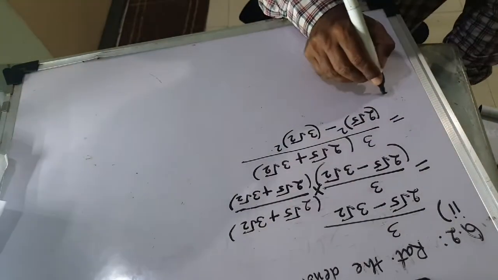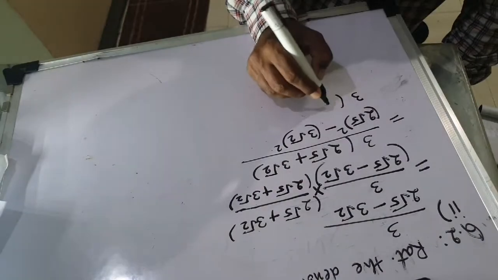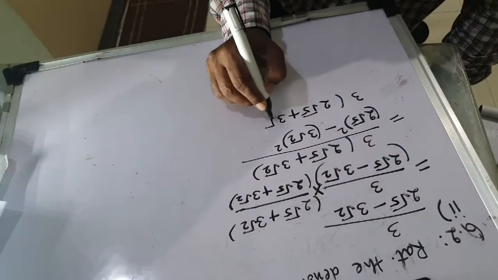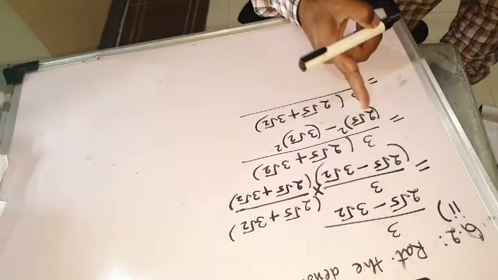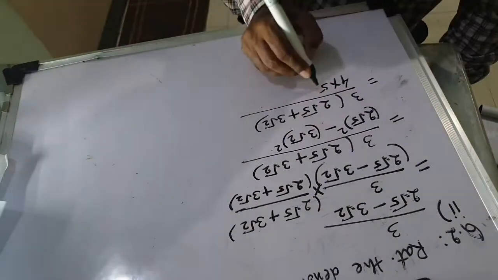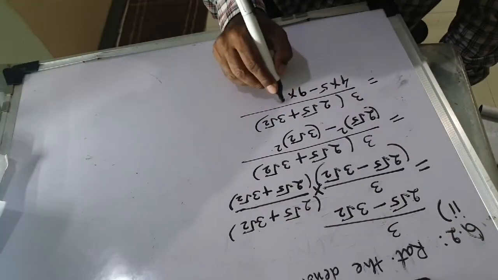So that is equal to 3 into 2 root 5 plus 3 root 2, and now this bracket square means 2 square is 4 into root 5 square is 5, minus 3 square is 9 into root 2 square is 2.